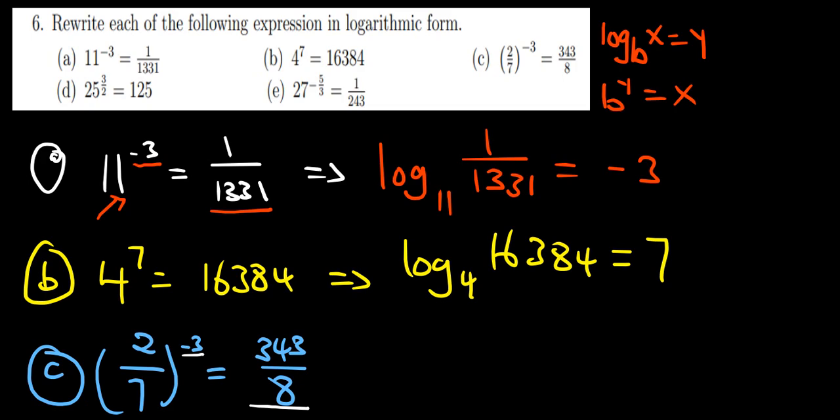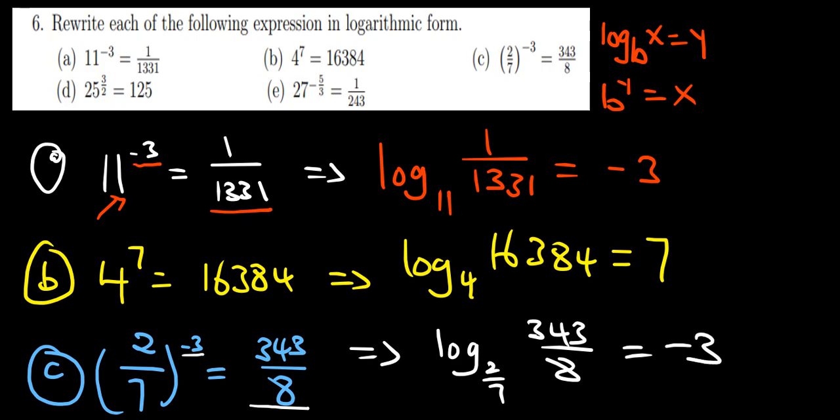So converting this to a logarithmic function will simply be log base 2 over 7, and then we write what is in the middle, which is 343 divided by 8 is equal to the answer, which is minus 3. So if you want, you can actually put these here in brackets like that. Okay, so that's it on A to C.